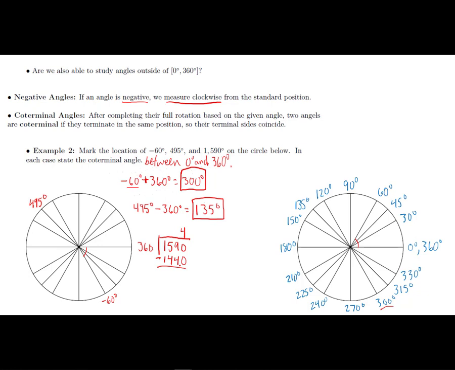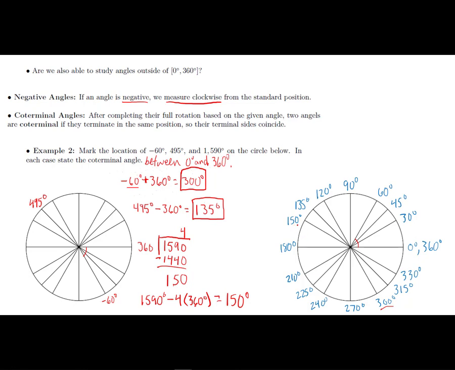I am now subtracting that from my angle, and I'm seeing what I'm left with. So I've got 0 there, 5 there, and 1 there. So in other words, if I take 1,590 and I subtract 4 copies of 360, put my degree symbols there, then I'm left with 150 degrees.